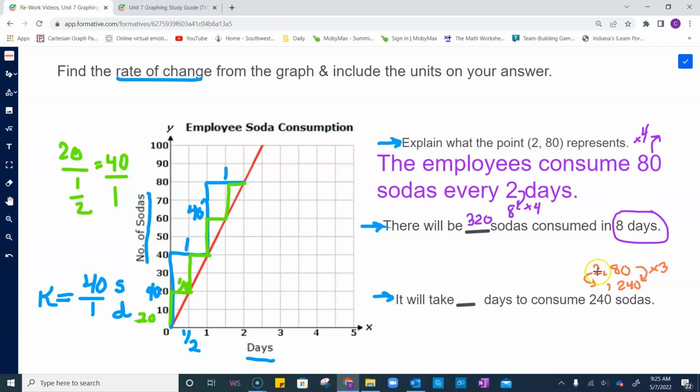To keep this proportional, I have to multiply the days by 3 also. And what I find is it takes 6 days to consume 240 sodas. This is not on the graph. You can't read these off the graph, so you have to know how to compute them using proportional thinking. And that is your answer for all of these problems.